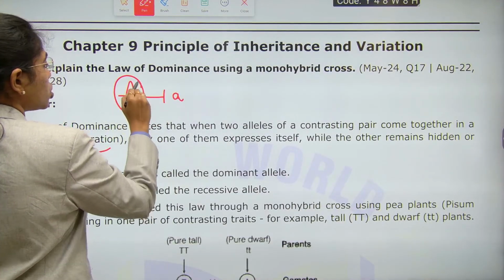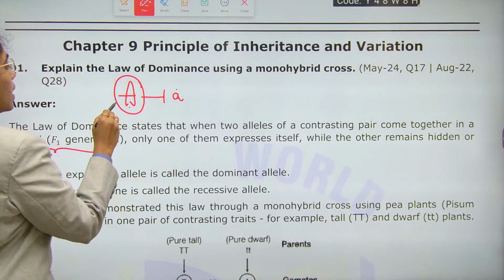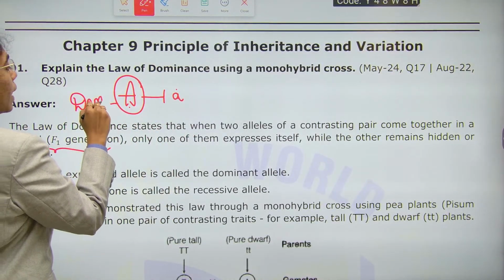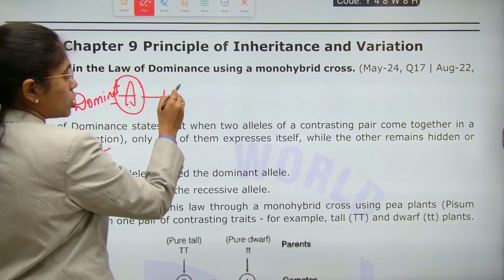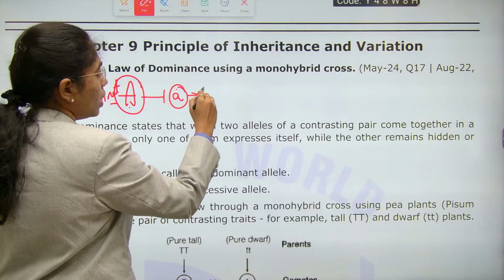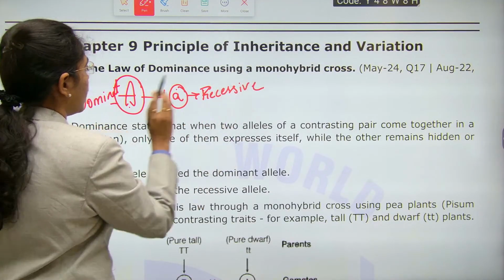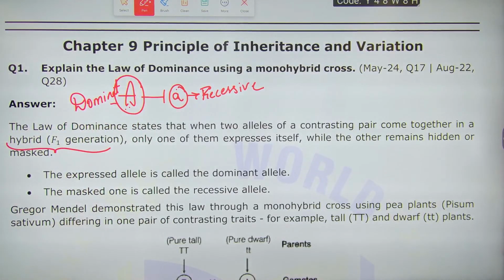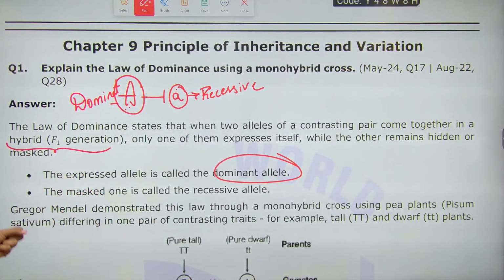The allele which is masking the effect, the allele which is expressing, is addressed as dominant allele, and the allele which is masked is addressed as recessive allele. The expressed allele is called dominant allele and the masked one is addressed as recessive allele.